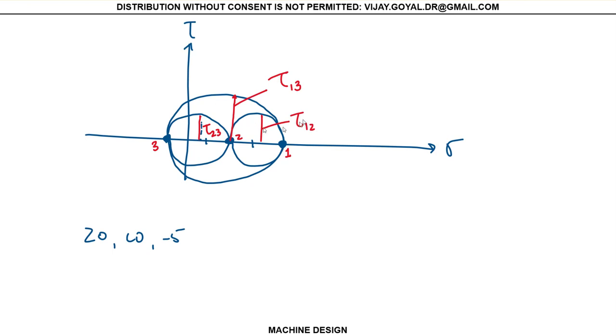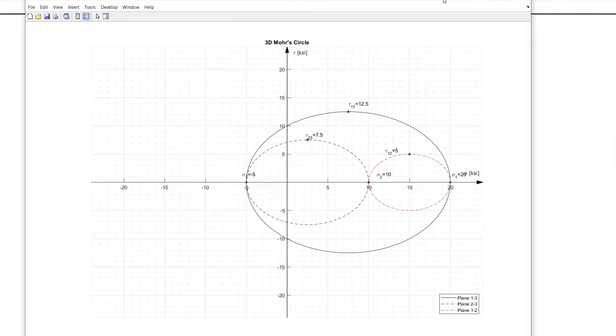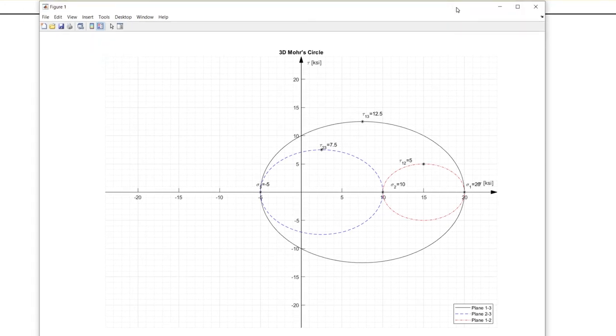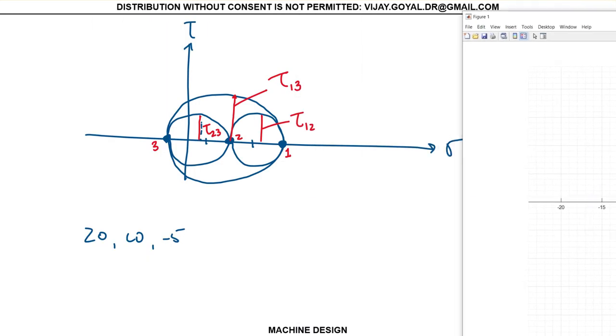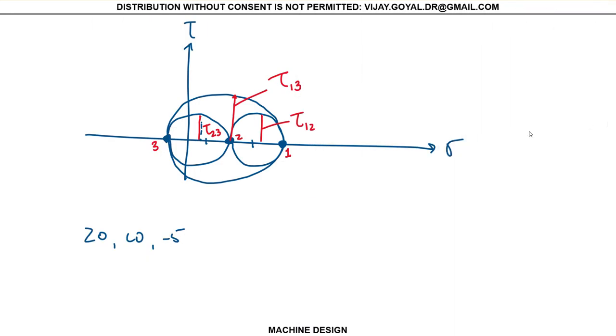So this is the easy way to draw the Mohr circle. However, the code that I gave you in MATLAB actually draws the Mohr circle for you and gives you these values, 20 and minus 5, and gives you the maximum value. So this basically wraps up example number 1.